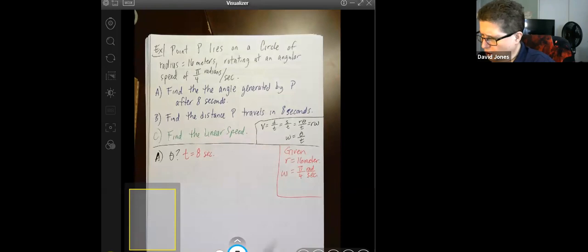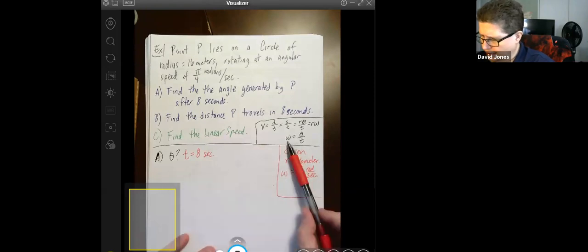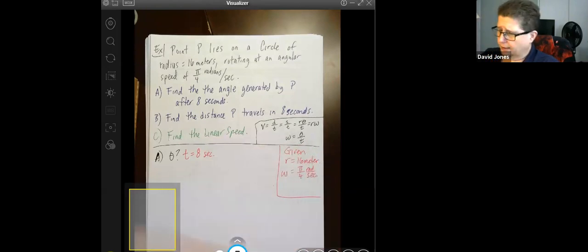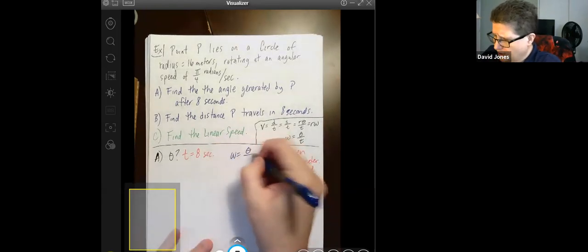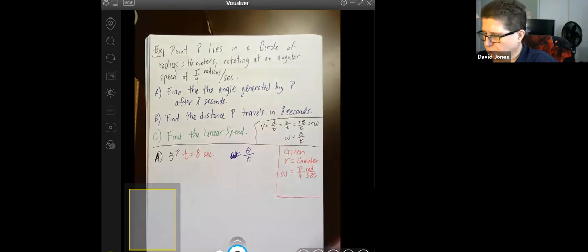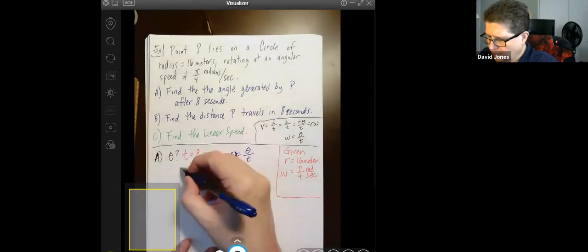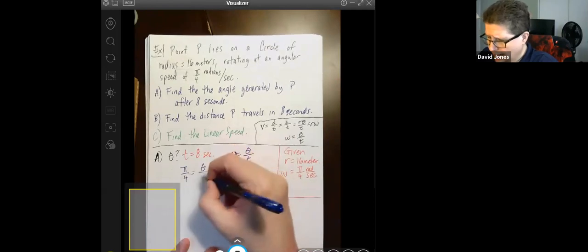So we've got r, omega, and t, and we're looking for theta. The equation that works really well is omega equals theta over t. Let's plug in what we have: pi/4 equals theta over 8.